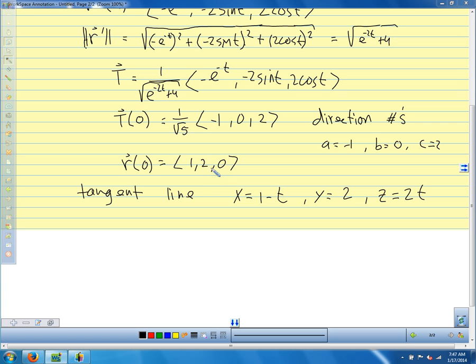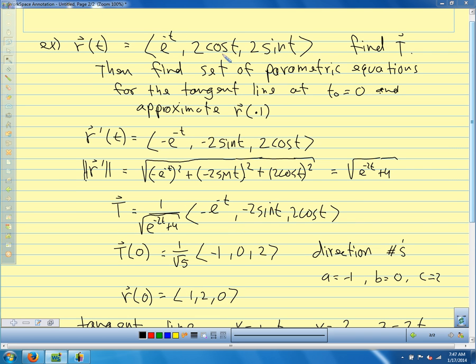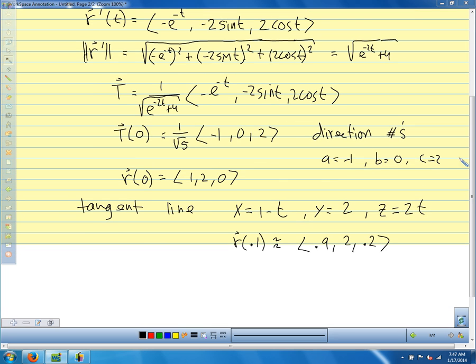So to approximate r at 0.1, I'm going to plug in 0.1 here, and get 0.9, 2, and 0.2. A little easier than evaluating this position function at t equals 0.1.